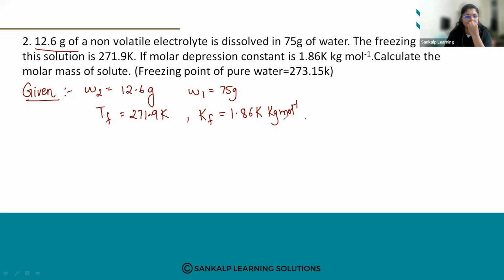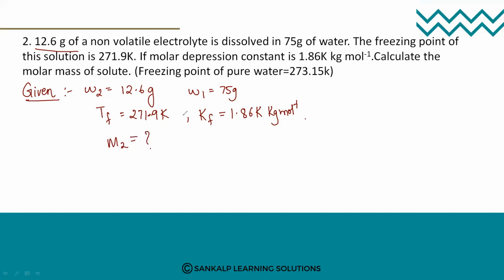Calculate the molar mass of solute. So the molar mass of solute is M2. We have to calculate it. Then the freezing point of pure water is given, that is T naught F. T naught F is 273.15 Kelvin. Okay. So these are the things which are given.